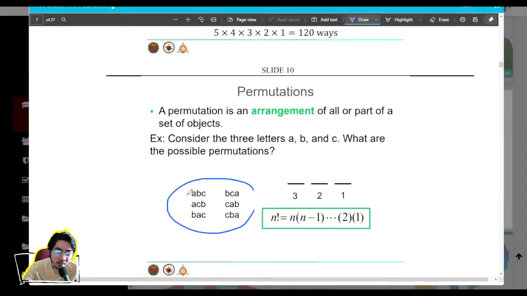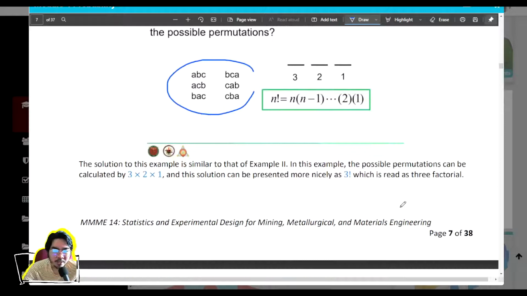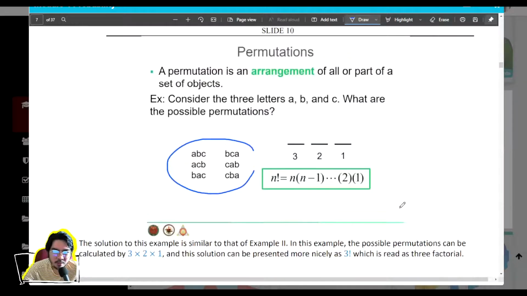Okay, so in this manner, there is 6 permutations na pwede natin magawa sa etong arrangement of the letters ABC. Okay, and yung mga statisticians nagawa na nila ng equation kung paano to mako-compute yung mga arrangements na to.